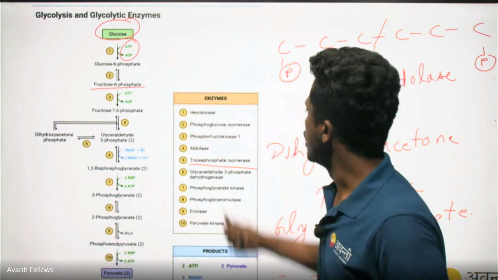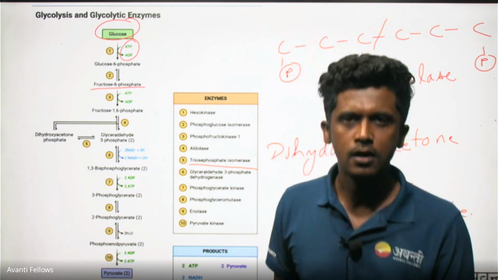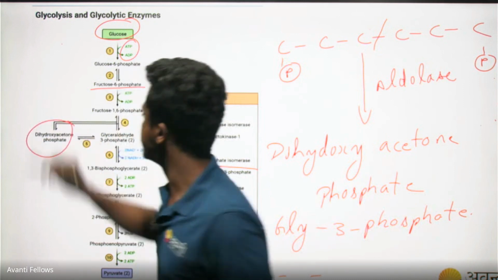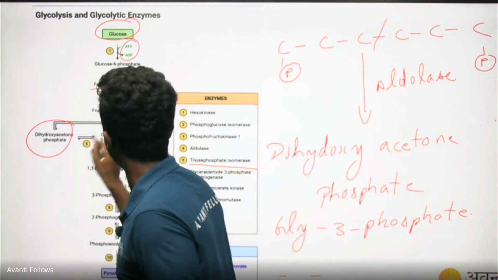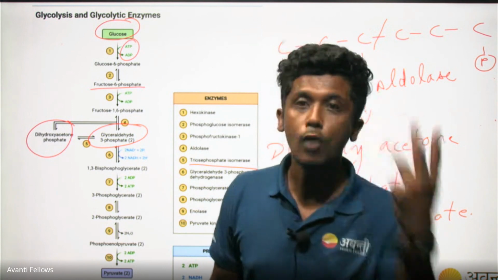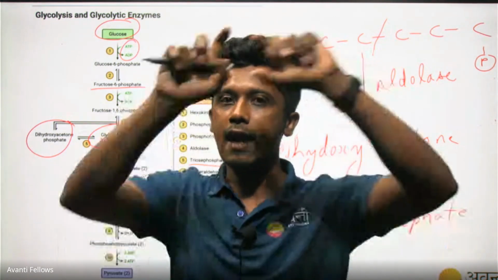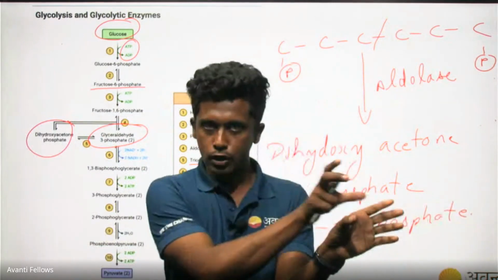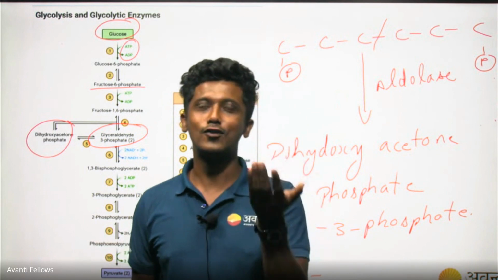So you have triose phosphate isomerase. What it does is convert this dihydroxyacetone phosphate into glyceraldehyde 3 phosphate. That means at the 3rd position you have a phosphate. And how many molecules do we get? I break fructose 1,6 bisphosphate down and get 3 and 3. Correct, right? 6 divided by 2 is 3.